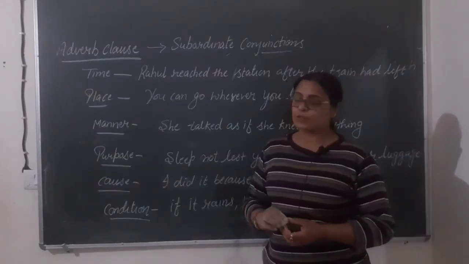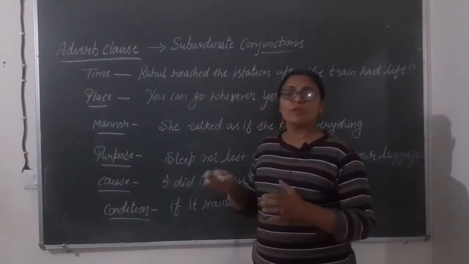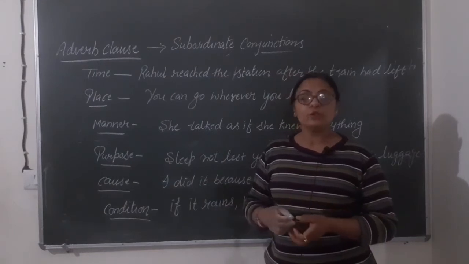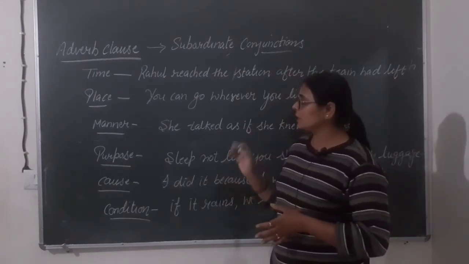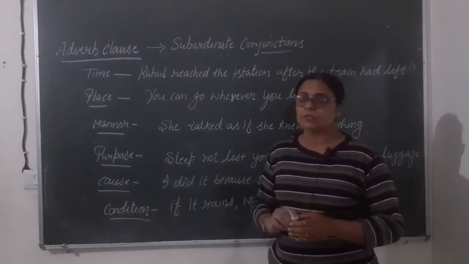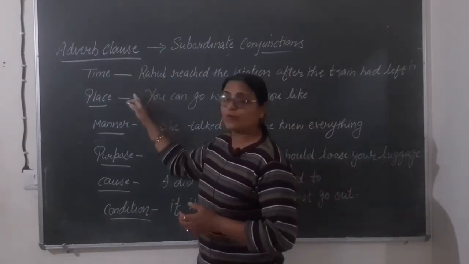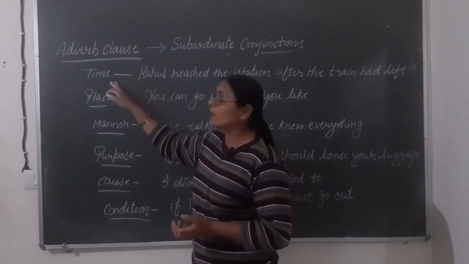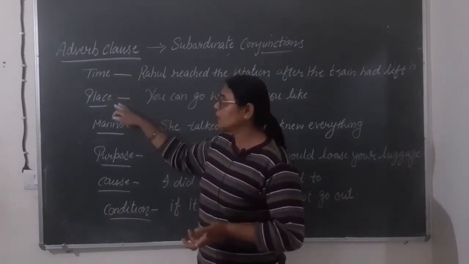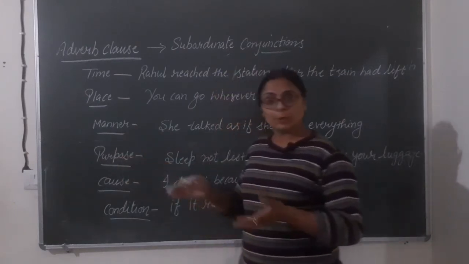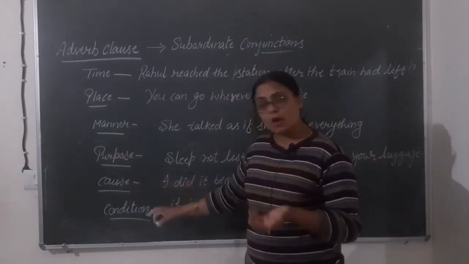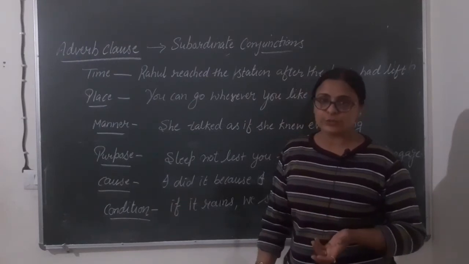Next is adverb clauses. Adverb clauses are basically formed by the use of subordinate conjunctions. Here we have different types of adverb clauses like adverb of time, adverb of place, adverb of manner, adverb of purpose, adverb of cause and adverb of condition also.